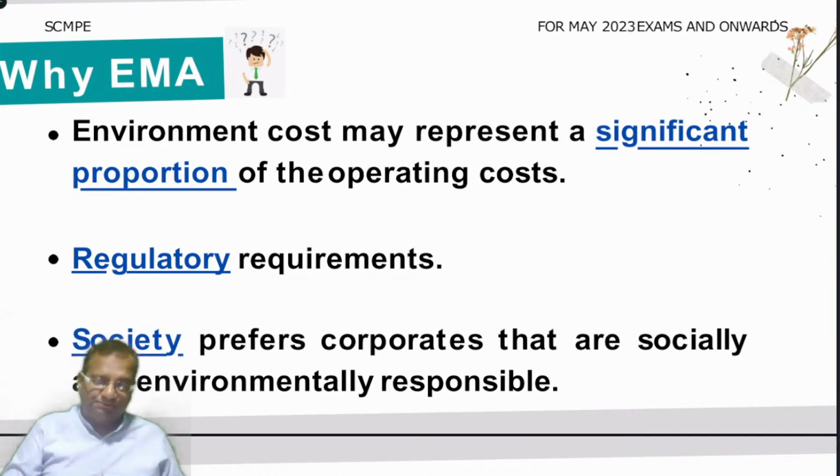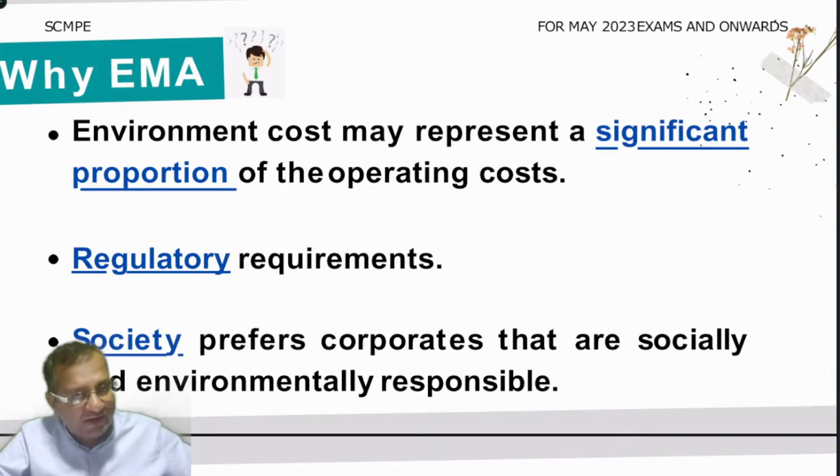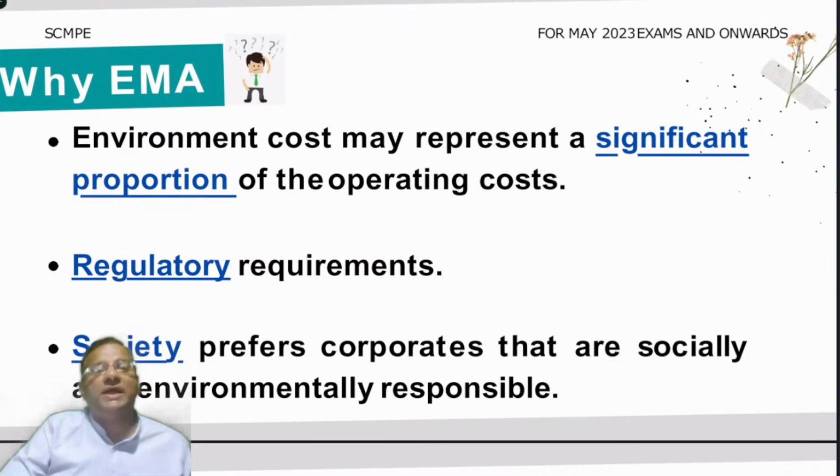If you can prove to the customer that whatever product we are providing to you has been manufactured taking environmental factor in consideration, and when the product is disposed, it will be disposed in an eco-friendly manner, then definitely society will prefer that company which is not only socially responsible but also environmentally friendly. Okay, so these are the solid three reasons why an organization should voluntarily disclose the environmental management accounting information.